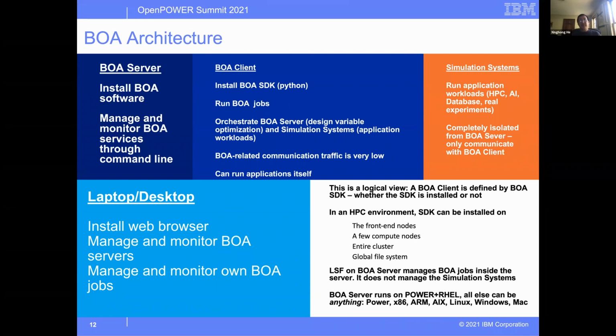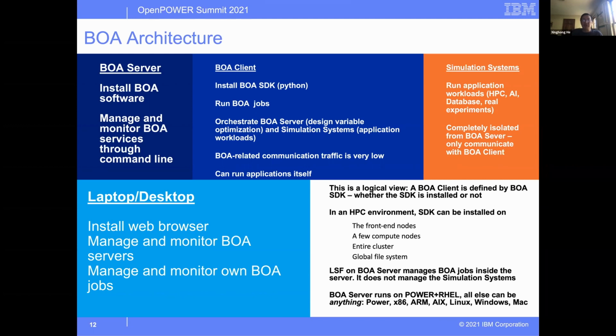So again, this is a logical view of those components. On any one of those servers, the moment you install the SDK, that node becomes a BOA client, and then you can run BOA jobs there.